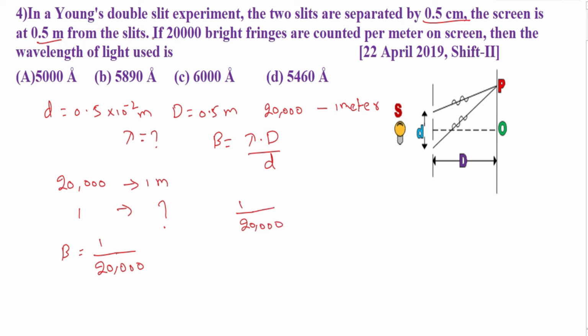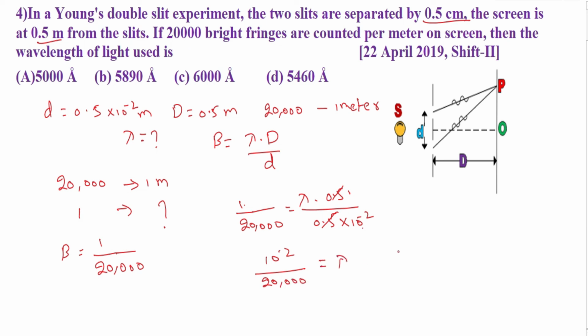Beta is known, its value is 1 by 20,000, that is equal to lambda into capital D, 0.5 meters, by small d, 0.5 into 10 power minus 2. This will get cancelled, this 10 power minus 2 will go up, that is 10 power minus 2 by 20,000 is equal to lambda.